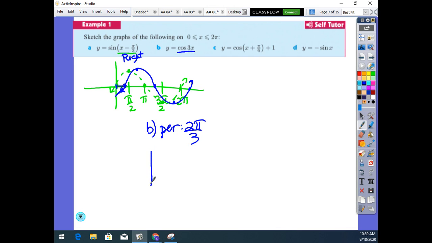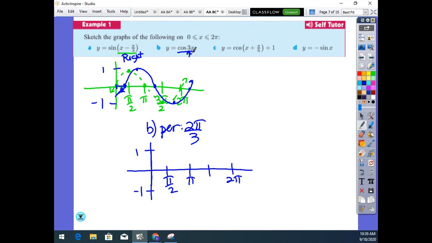All right, so you've got a couple of options. 1, 2, 3, 4. This is our 2 pi. We really should mark this as 1 and negative 1. All right, so this means I'm going to have 3 cycles within this period.